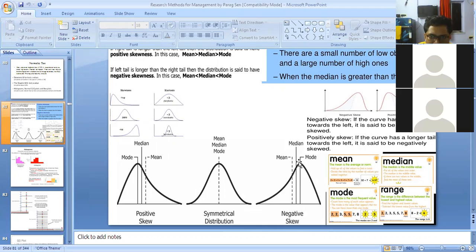You can see the longer tail at the left side here. And this is positively skewed because the longer tail is on the right side.